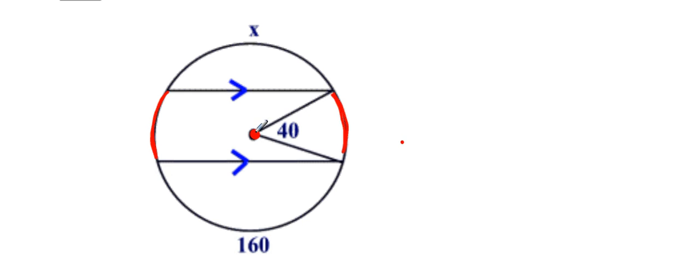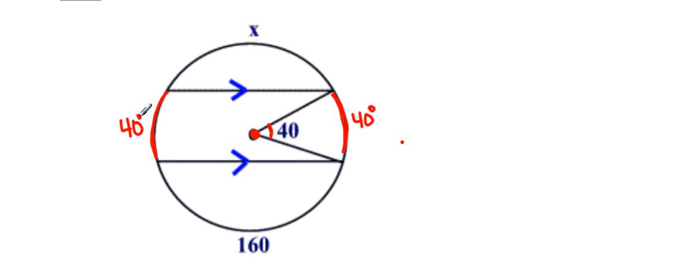I notice that the measure of this central angle is 40 degrees. I also remember that the measure of a central angle is equal to the measure of the arc that it intercepts. So because this central angle is 40, I know that this red arc must also measure 40 degrees. This red arc over here must also measure 40 degrees.